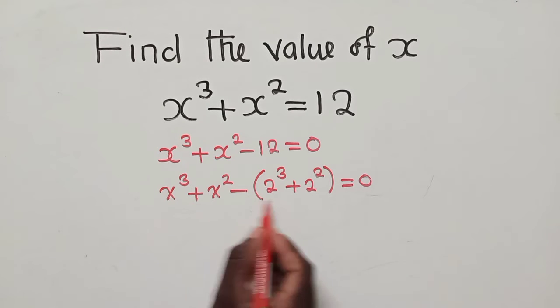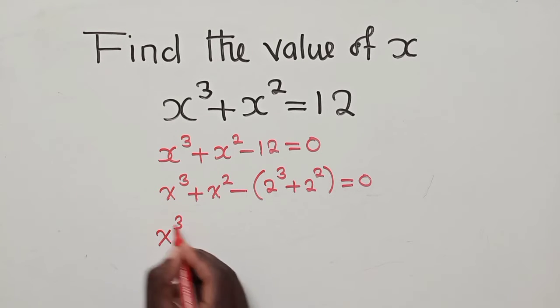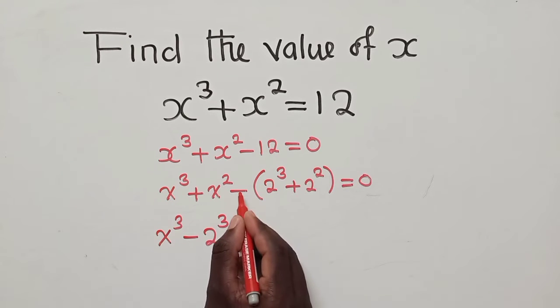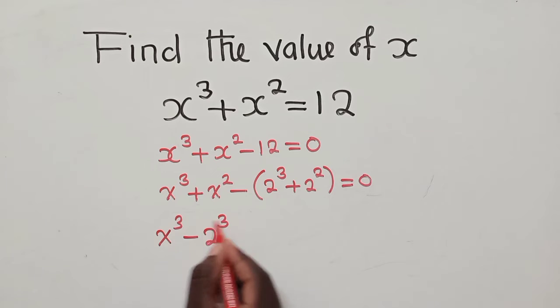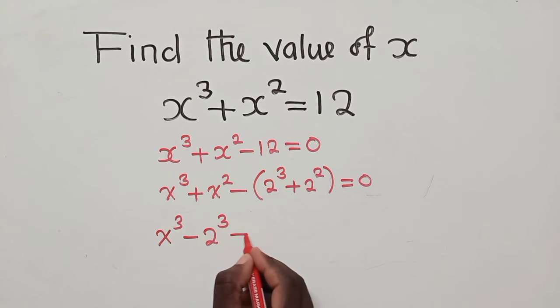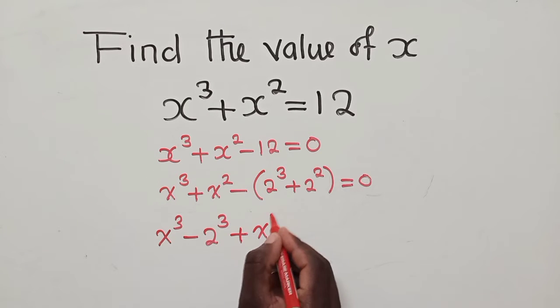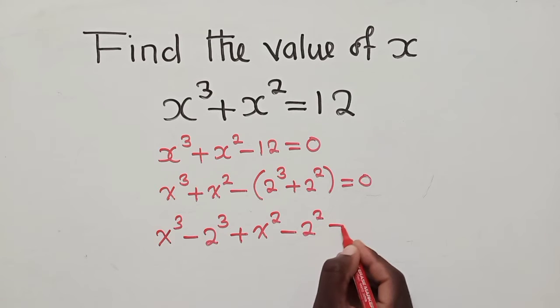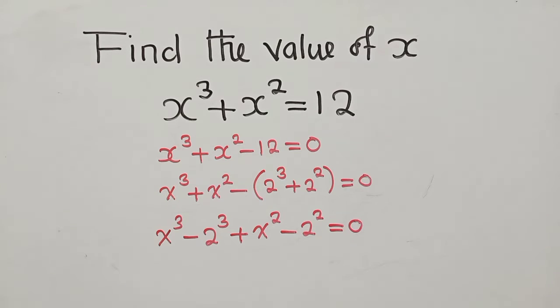So next is to arrange it like this. If I multiply this, it will give me negative 2 power 3. So here we shall say plus x power 2 minus 2 power 2, which is equal to 0. So we have gotten rid of the brackets.